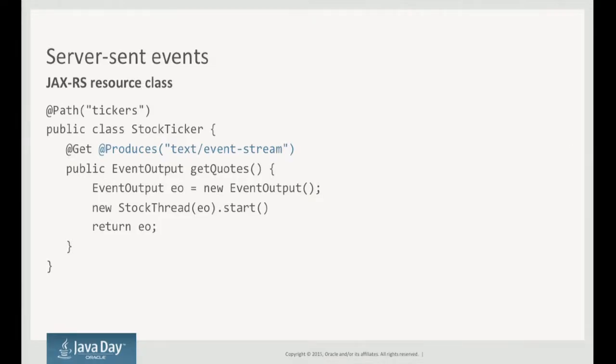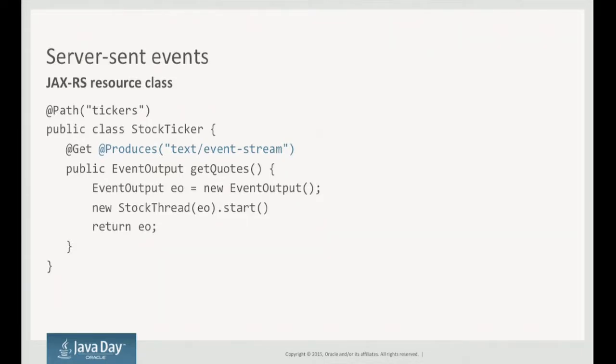So to give you an example, we want to have a stock ticker that's going to push stock notifications to the client. So notice that we've annotated the method here, getQuotes, as produces text event stream. That's the MIME type for server-sent events in HTML5. We're creating an event output, which is going to be the way this data is passed back.